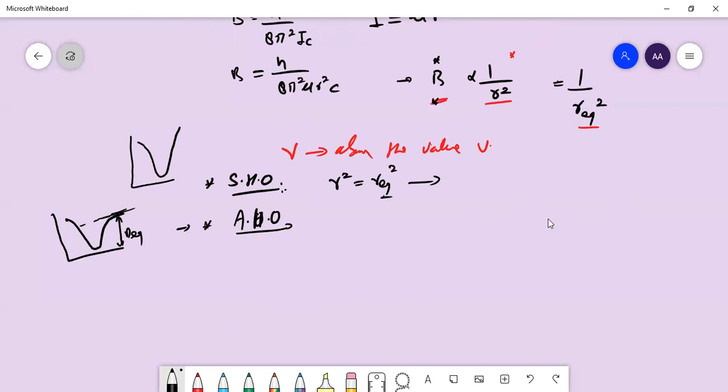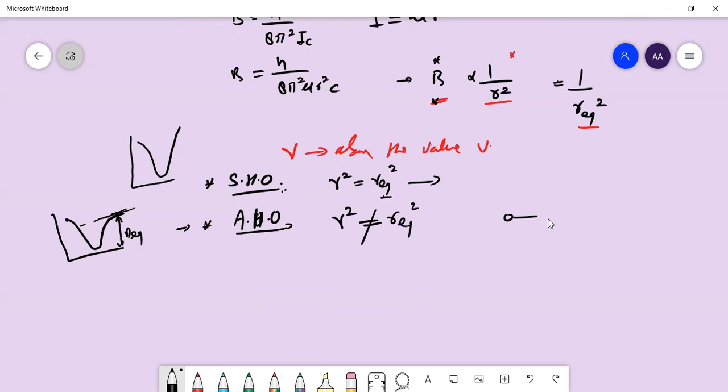So in case of an anharmonic oscillator, we are not considering R square equal to R equilibrium square. It means there is a change in the bond length of the molecule during vibration, and an increase in the vibrational energy will lead to an increase in the average bond length.